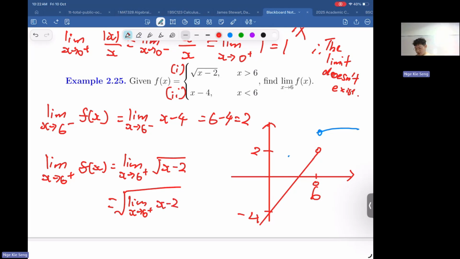Because x minus 2 is a polynomial, we can use the substitution property. So 6 minus 2 is 4. Square root 4 is 2. So you can see that this square root also connects to this 2 here.